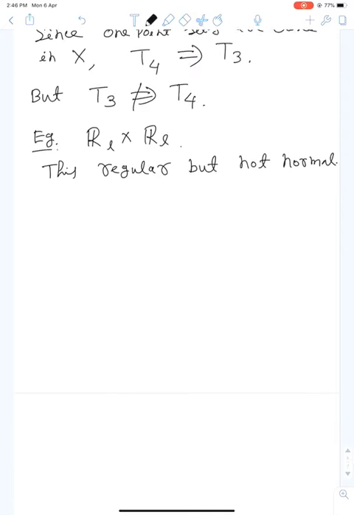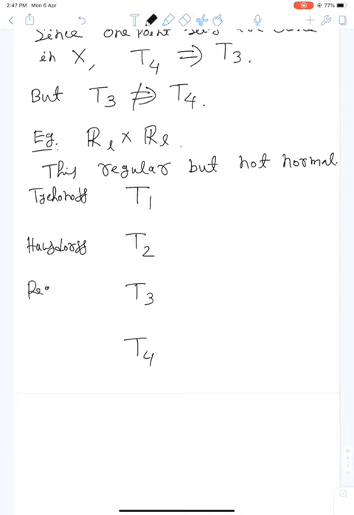So therefore we get the Tikhonov topological space T1, the Hausdorff topological space T2, the regular topological space T3, and the normal topological space T4. So this is Tikhonov. This is Hausdorff. This is regular. And this is normal.